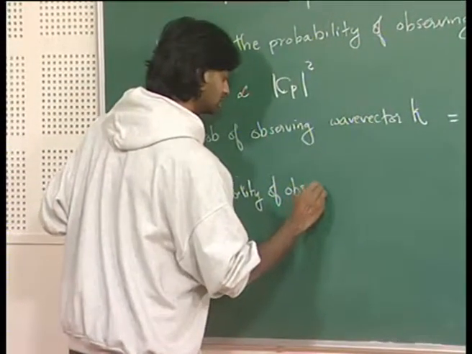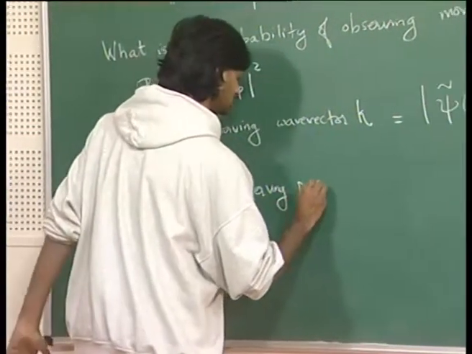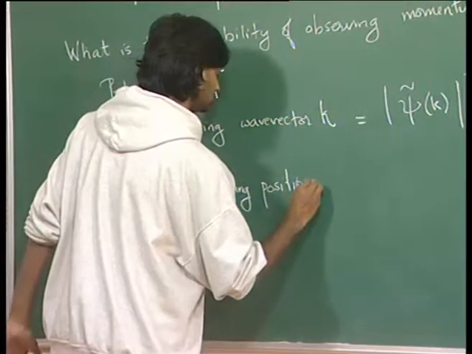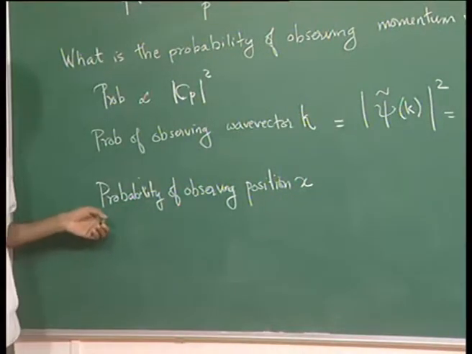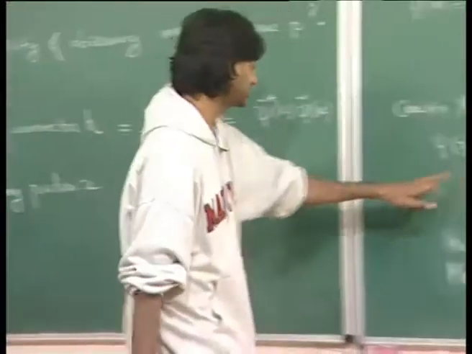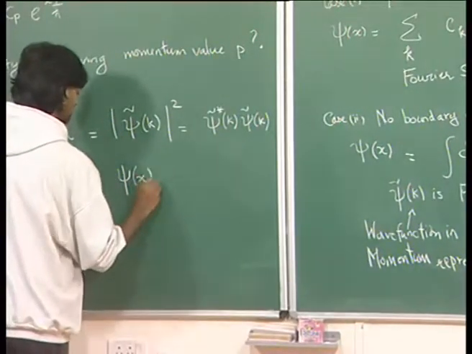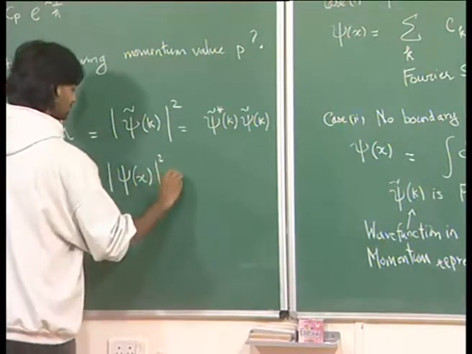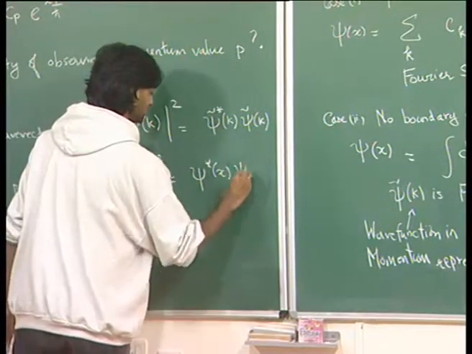Just as the probability of observing position x, that is, the probability that your particle is at x, is just psi of x square, equal to psi star of x psi of x.